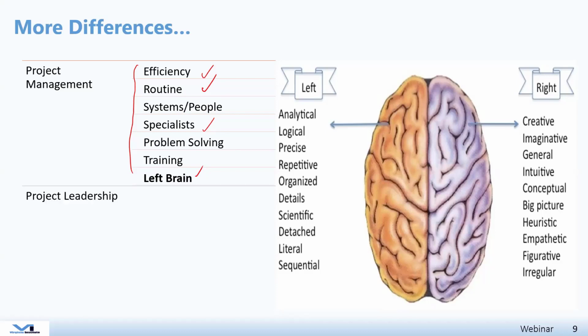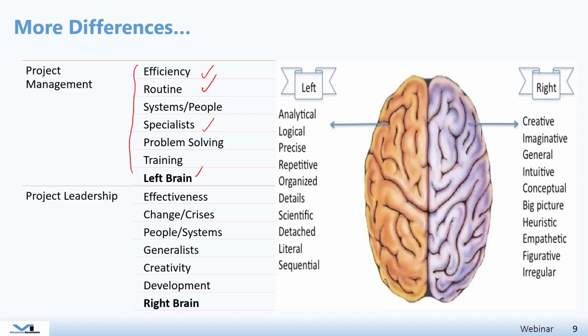But when it comes to project leadership, these are the functions that you need to have, and this is where we definitely need your right brain to perform these functions the right way. So you need to be effective and not just efficient. Effectiveness means that you need to make sure that you accomplish the tasks regardless of how much it will cost or the effort that it will take to accomplish the task. As a project leader, you value change over crisis.